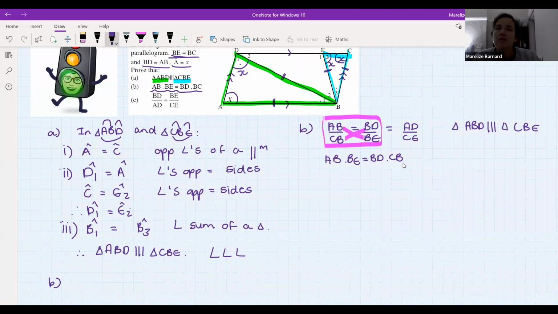So it's about using the properties and the information that's there to arrive at a conclusion. And if the information is not relevant, then you don't use it. Just because it's there doesn't mean you're always going to use it. Like here we had two sets of parallel lines, but we didn't use them. There's another question where we do use our parallel lines.